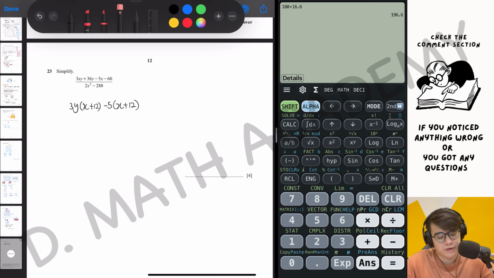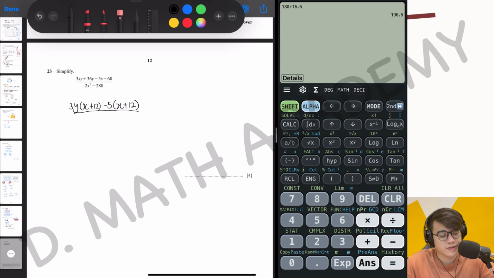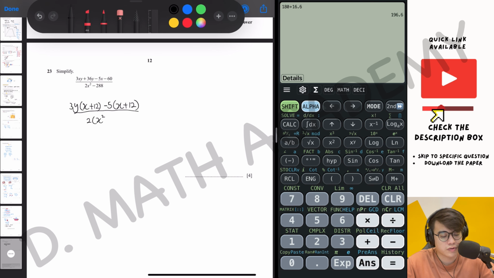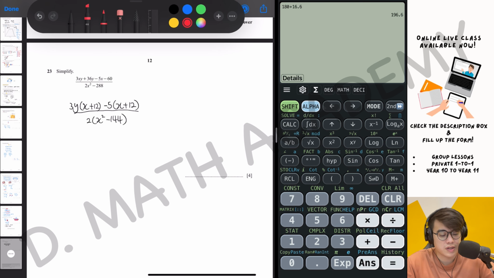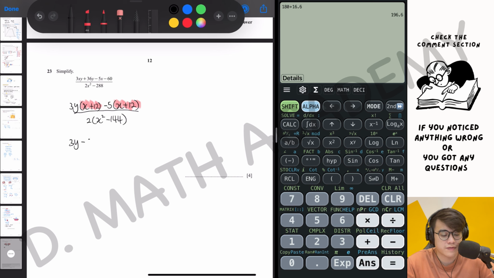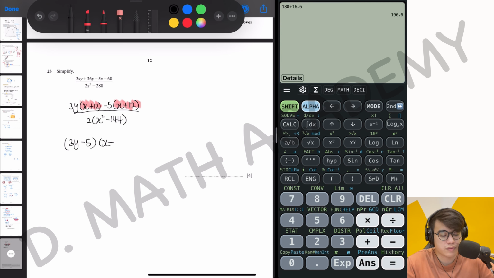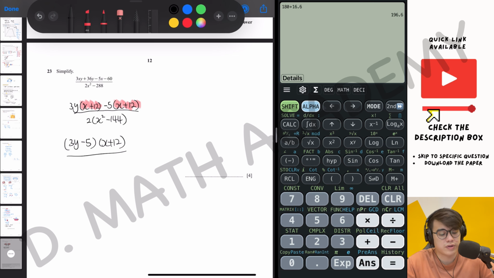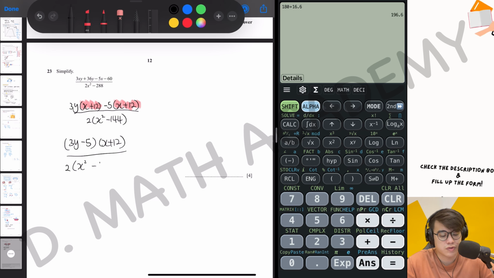For the denominator, however, I can first take out a 2. So I have x squared minus 144. Okay, since the numerator is repeating with this, you can now reorganize the results as 3y minus 5 and x plus 12 first. As for the denominator, you can then break it down into x squared minus 12 squared.